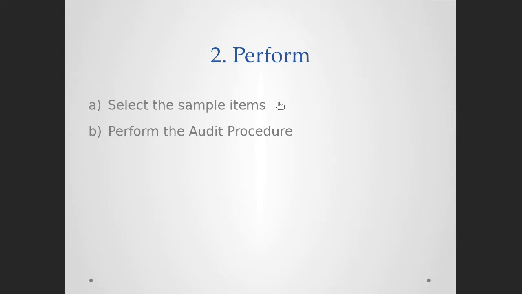We don't do the sample size calculation, and we don't do the sample selection and the statistics and so forth just because we love statistics or just because we love to calculate numbers. We do all that to come to the audit procedure, which is our actual task, right? The audit procedure is what we are after. So now we are going to get down to the actual audit procedure, and before that we need the actual items from our population to perform it. So let's start.